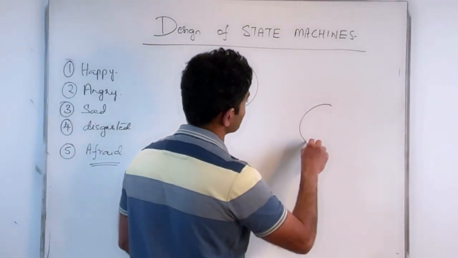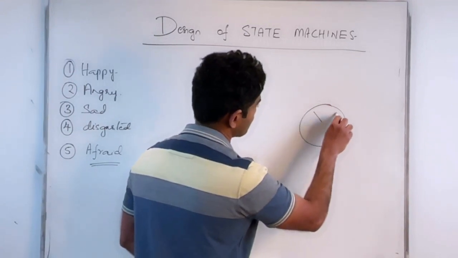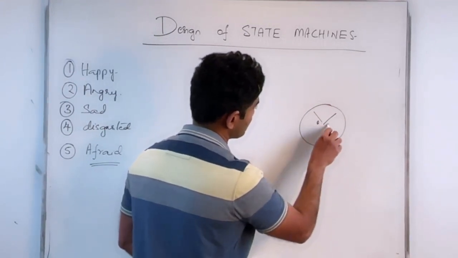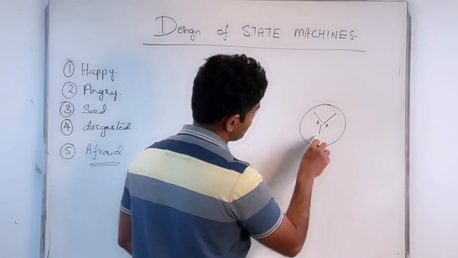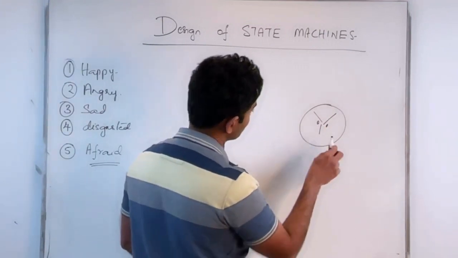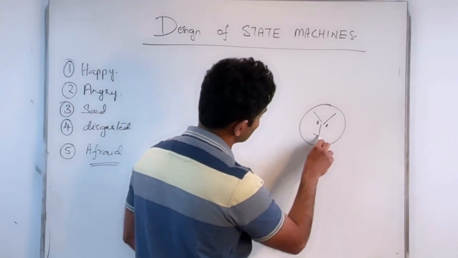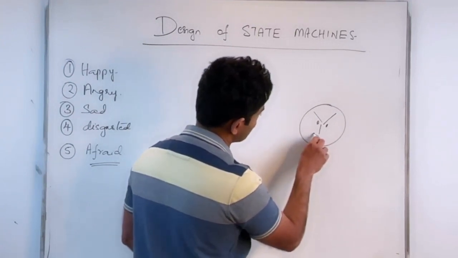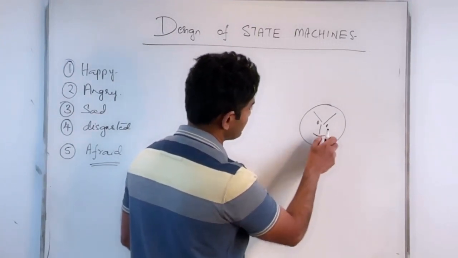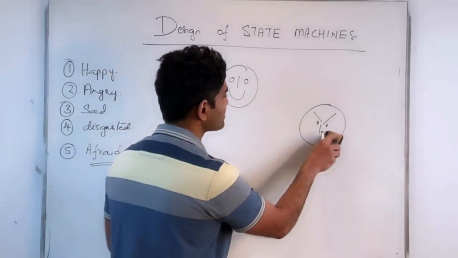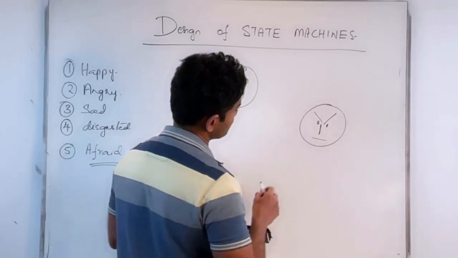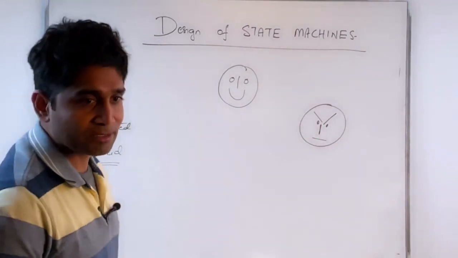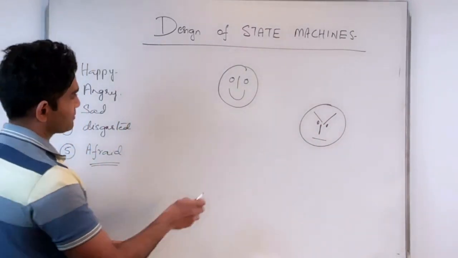Angry state. How does the mouth look for an angry state? No, that doesn't look angry. Okay, that's your angry state. Sad state.